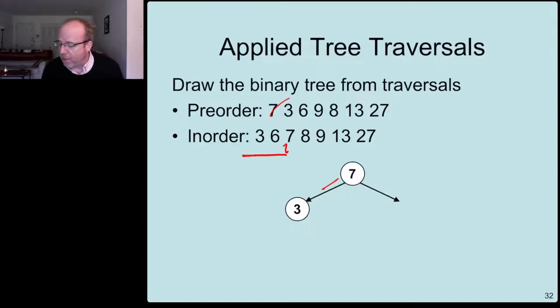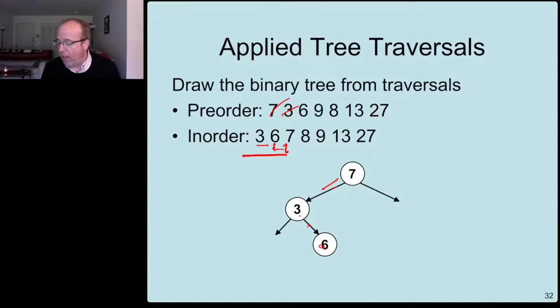Okay, so we've placed 3. Now we want to place 6. 6 can be the children of any of these. So it could be the left child or the right child of 7, or it could be either child of 3. Well, 6 is to the right of 3, but the left of 7, so 6 has to go right here.